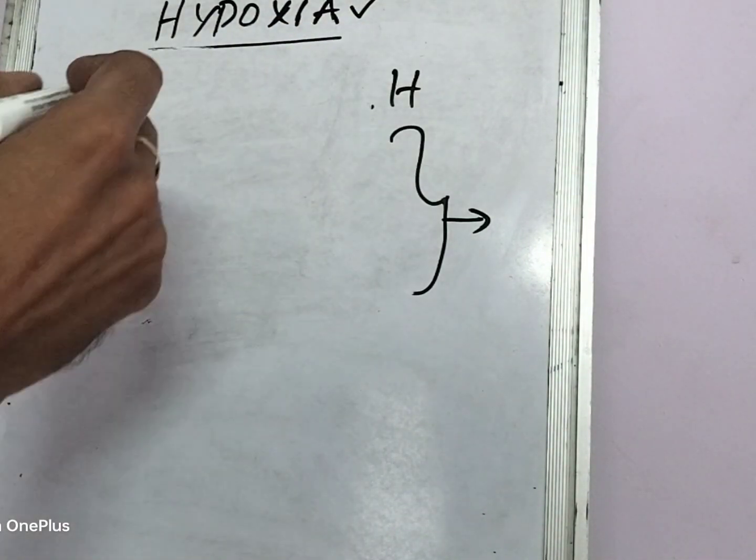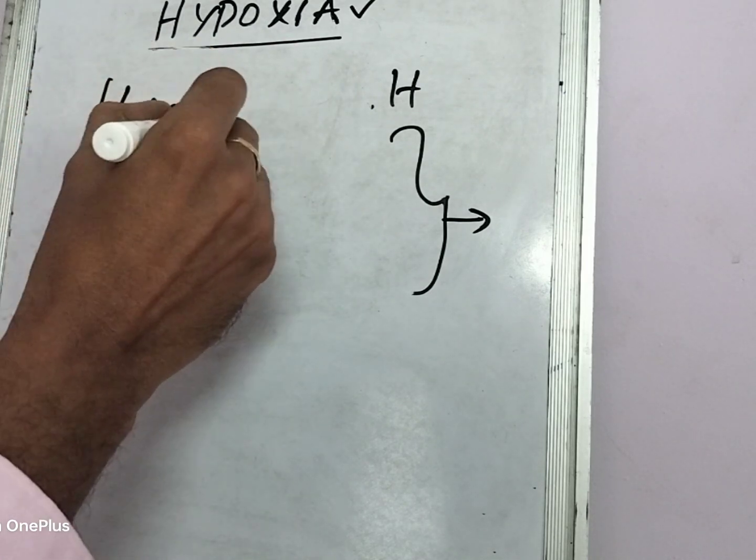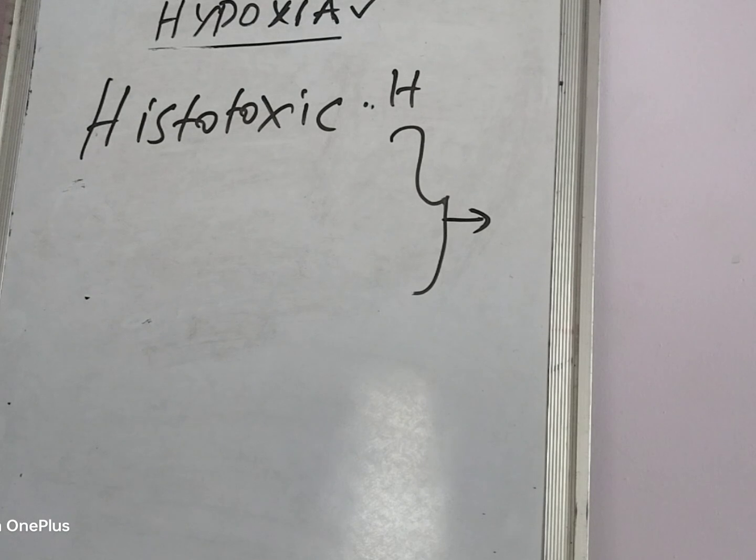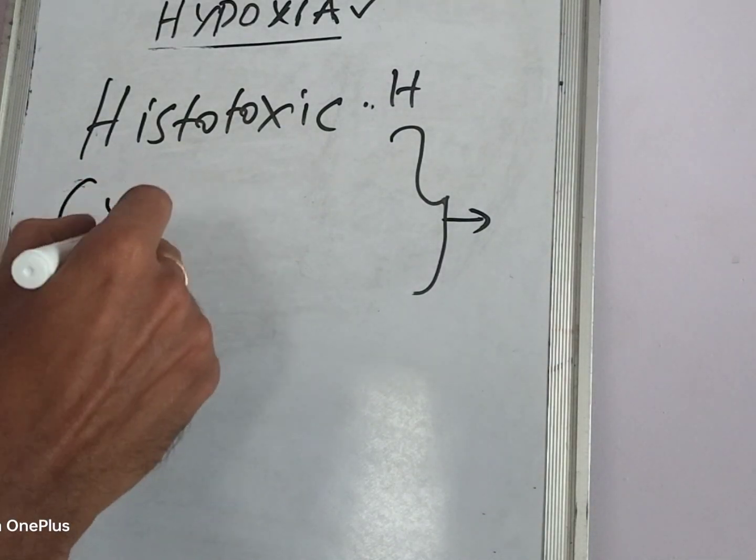The next is histotoxic hypoxia. Here, at the cellular level, though the oxygen is delivered, the tissues are not in a position to take up the oxygen because of destruction or because of deficiency of the enzymes. And the enzymes are deficient, or the enzyme action is blocked because of a poison that is called cyanide poison.